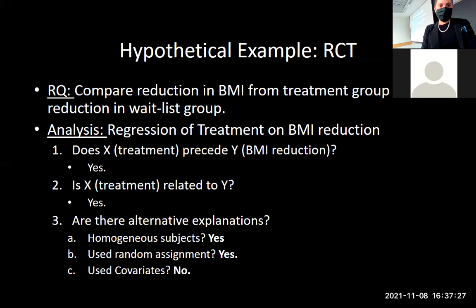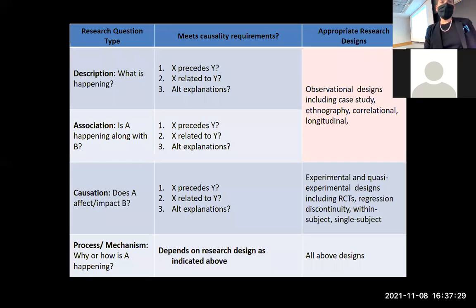And so then what I've done here is put them together into a little organizational chart to look at the research question type. So if you have a descriptive sort of question of what's happening now or how many people do this thing, you can test these three causality requirements.